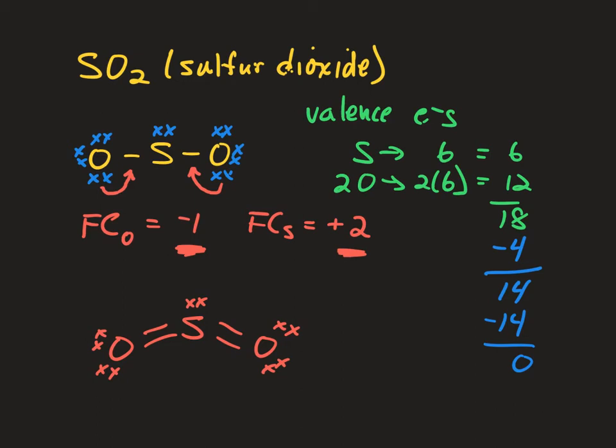And again, remember, we can do this even though sulfur has 2, 4, 6, 8, 10 electrons around it. Sulfur, being in period 3, has the space for extra electrons. So in this case, sulfur takes the extra electrons to reduce its formal charge, and it can do that because it's in period 3.